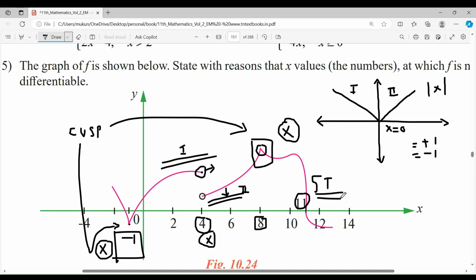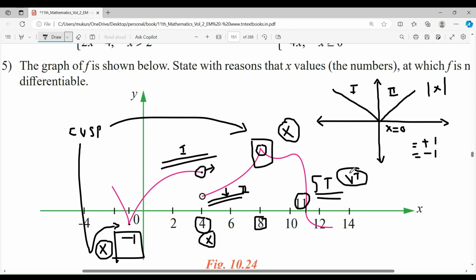We call it vertical tangent in the world of differential calculus, and it means that the slope at the point x equals 11 is perpendicular to the x-axis and is infinite, right?